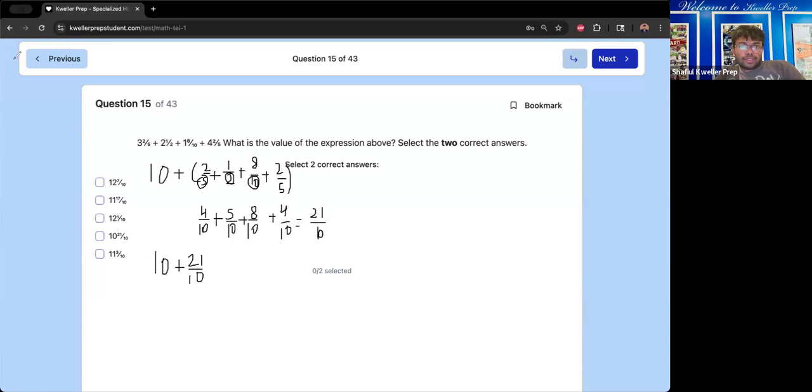That's one of the answer choices. The other answer choice is when you have this 21 over 10 and you simplify the mixed number. How do you simplify this mixed number? 21 over 10 itself is 2 1/10. So 10 plus 2 plus 1/10, which is 12 and 1/10. And so the other answer choice should just be the one above it.